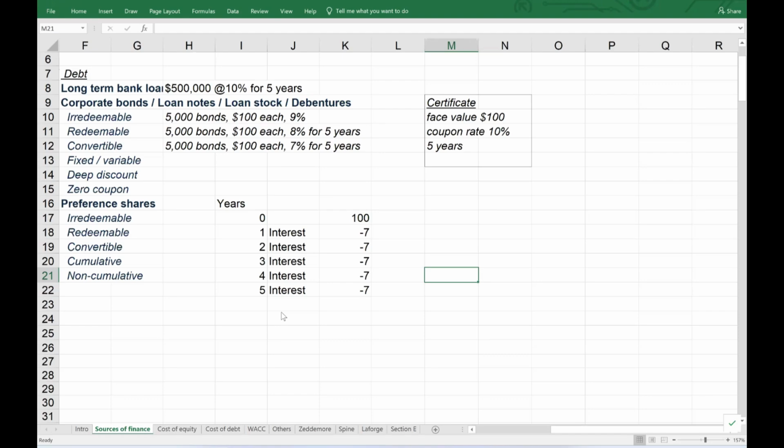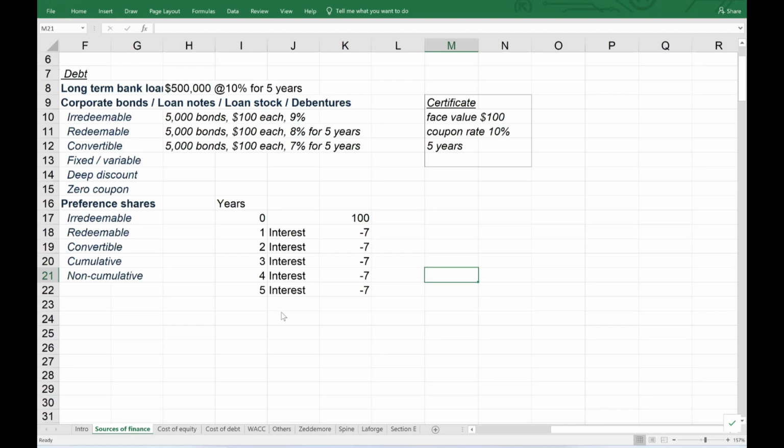All of these have different characteristics, features, maturities and risk characteristics, and preference shares also have different risk characteristics. Since they are different kinds of securities, we have to find different ways to find the cost of debt for these, right?